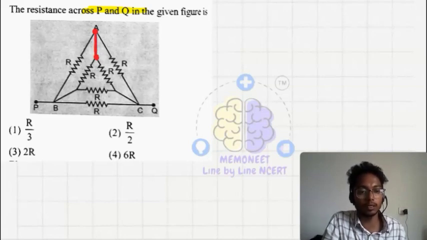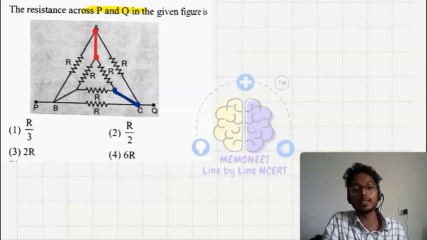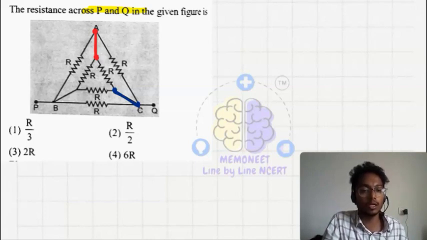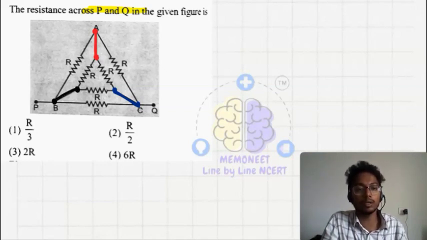Then let's see here, it is C potential. Let it be C potential, and this will be the same as that of C potential because there is no resistance to drop the voltage. Then another, okay, here it is B potential and it is also B potential. Why? The same reason. So how can I draw or rearrange this setup?